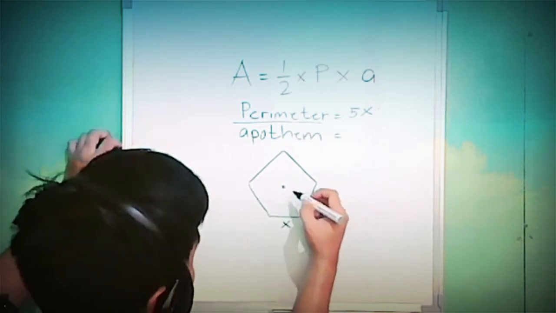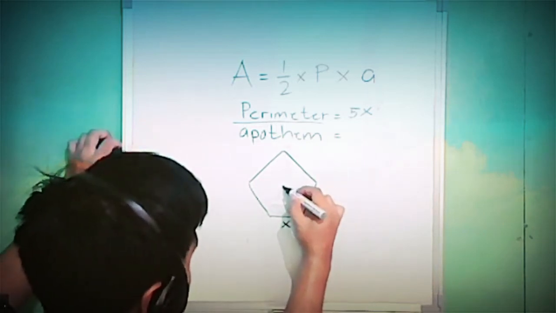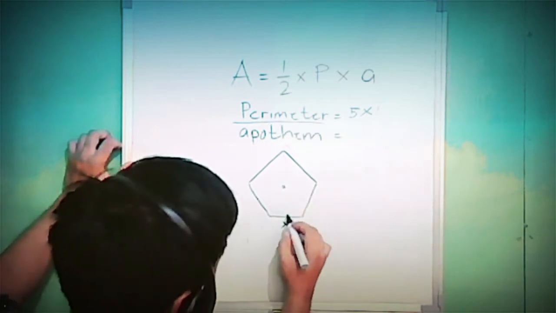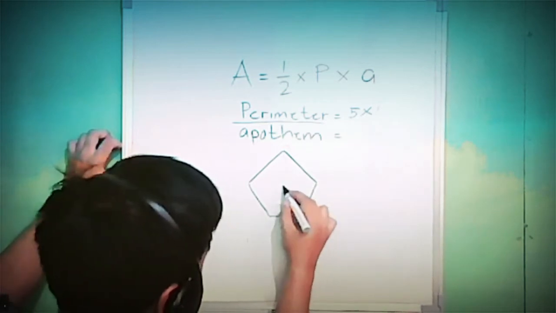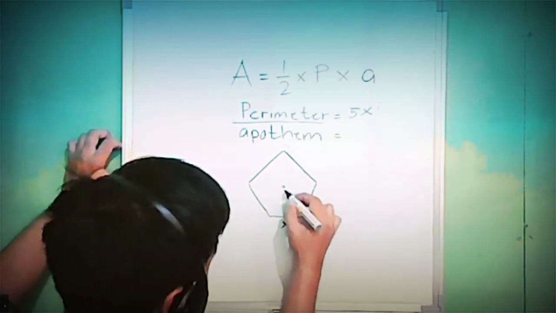Then the apothem. The apothem is the distance from the center to the midpoint of this side.